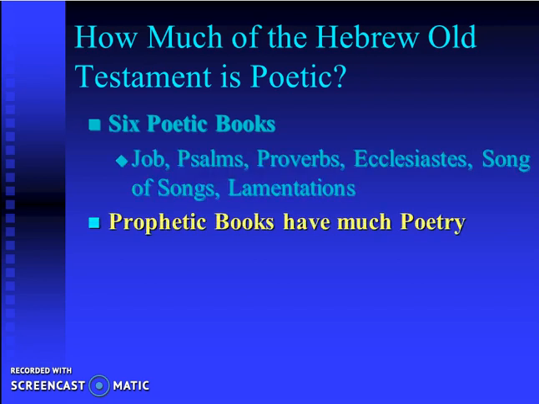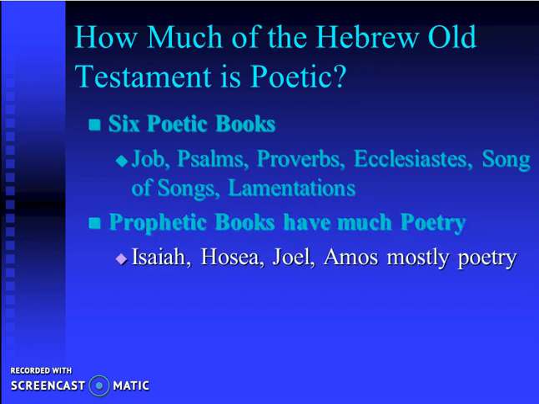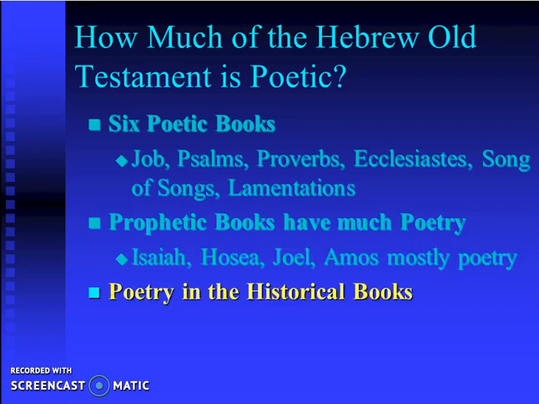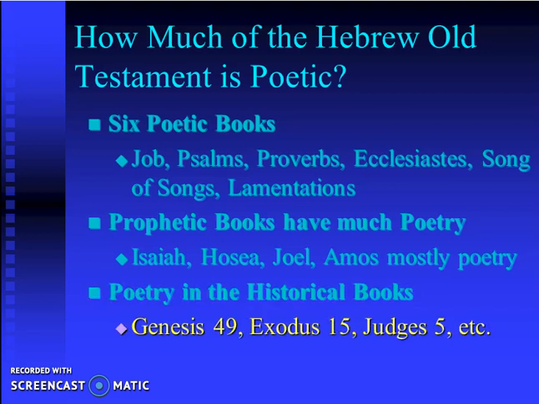The prophetic books also have a great deal of poetry. Isaiah, Hosea, Joel, Amos are all mostly written in poetry. And there's poetry here and there in the historical books as well. Whole chapters like Genesis 49, when Jacob blesses his children, and Exodus 15, the Song of Moses, and Judges chapter 5, the victory song of Deborah, are all primarily written in poetry.